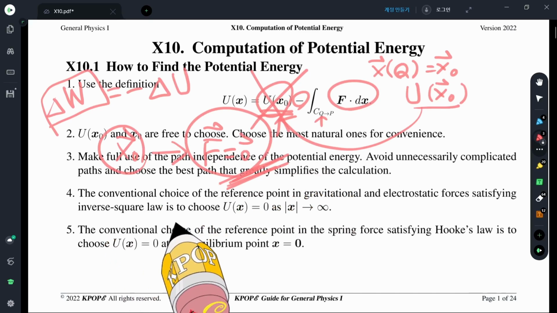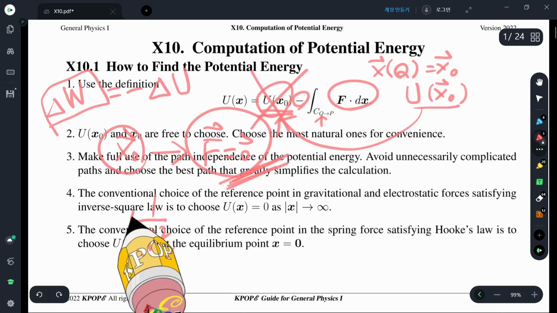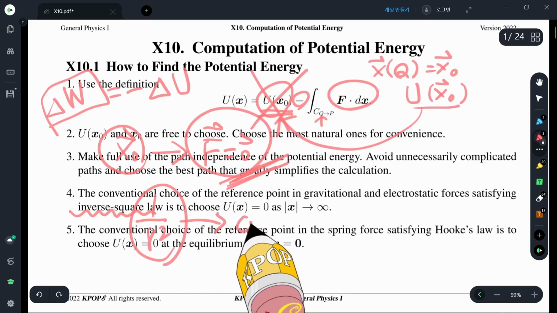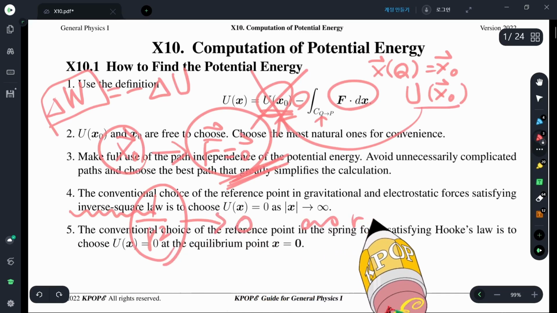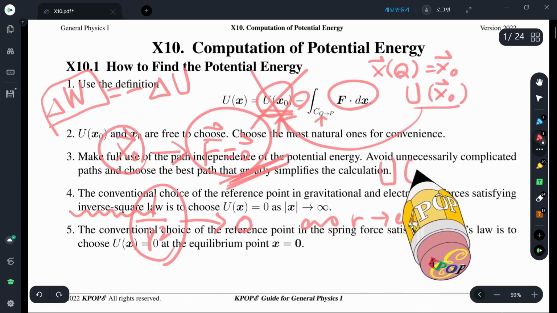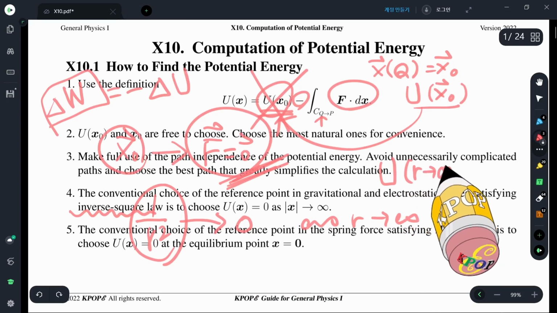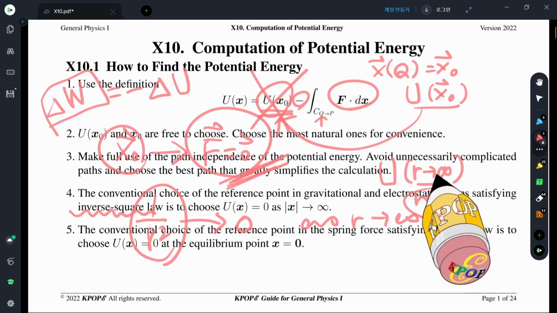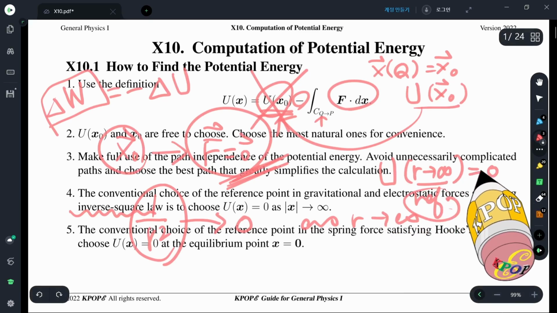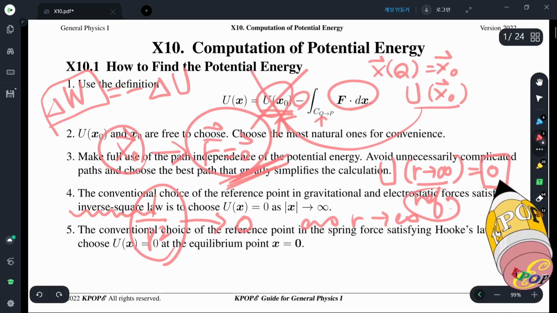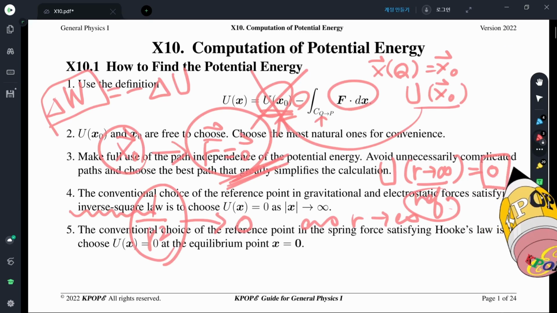For example, a force satisfying the inverse square law decays to zero as r goes to infinity. So in that case, u of r goes to zero as r goes to infinity, and this is the reference point. There are multiple ways of choosing the reference point, and that value is chosen to be zero. But we do not have to stick to this zero value; this is just for convenience.